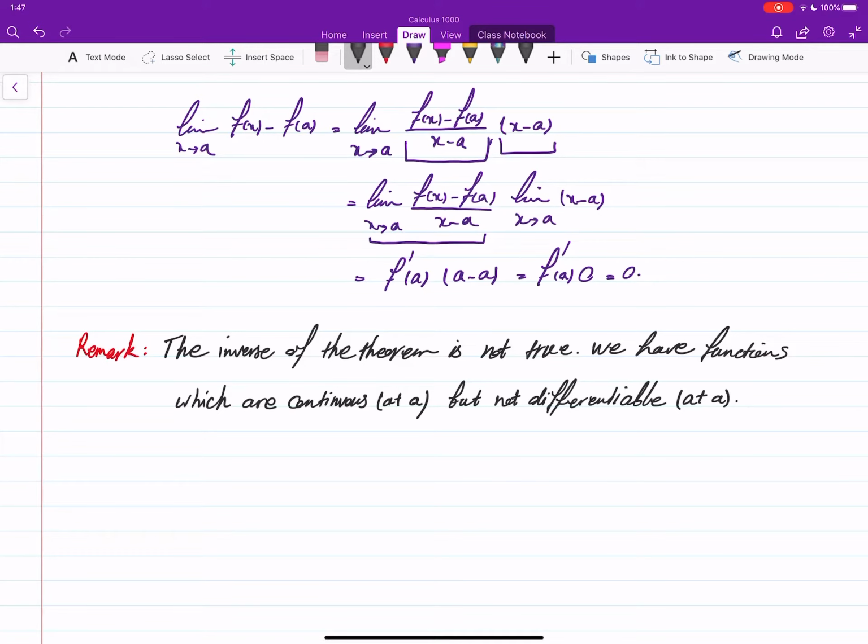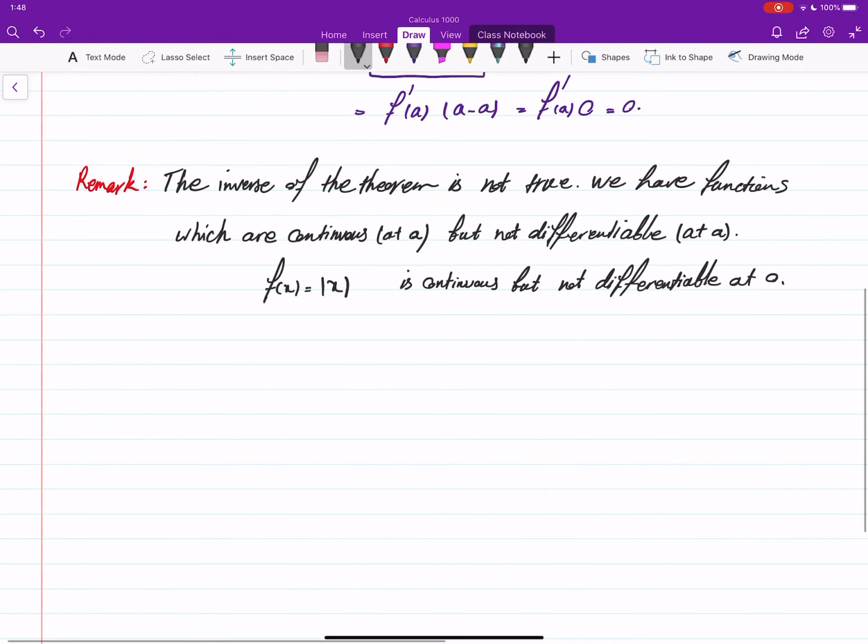Well, this is the absolute value of x, which is continuous at 0, but not differentiable. So that's a very good example of a continuous function but not differentiable. All differentiable functions are going to be continuous, but not the other way around.